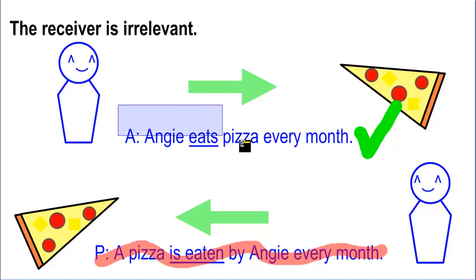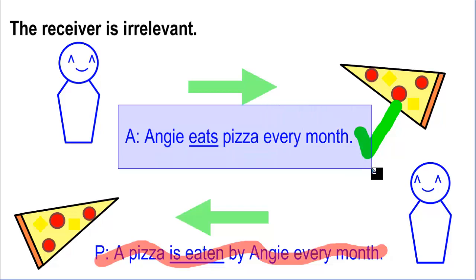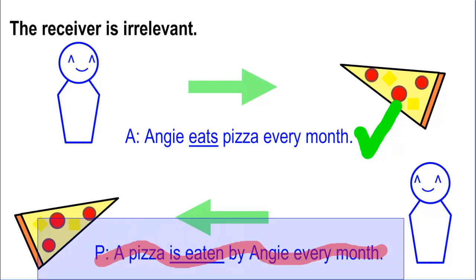And in this case, it's similar. Angie eats pizza every month. It's preferable to say that as to say it in passive voice, because in passive voice it's more impersonal, and you are separating the performer of the action from the receiver of the action. So that's why usually you will see a lot of people recommending you not to use passive voice.